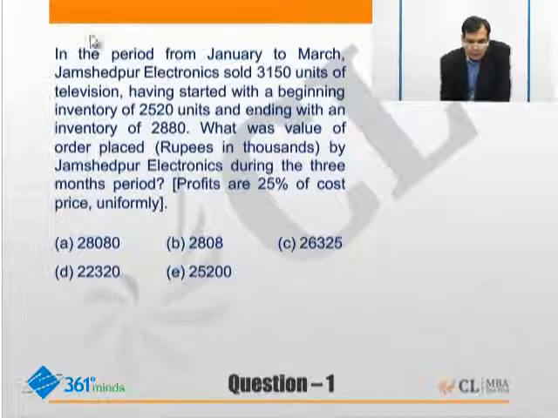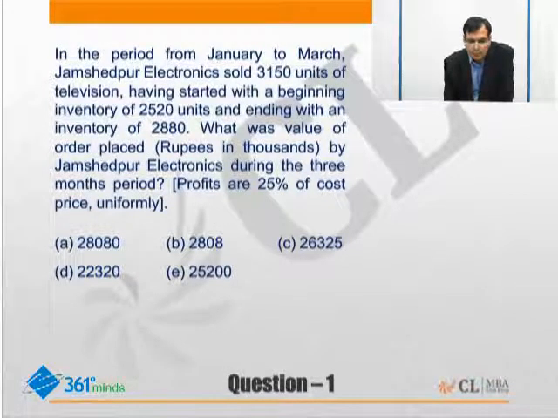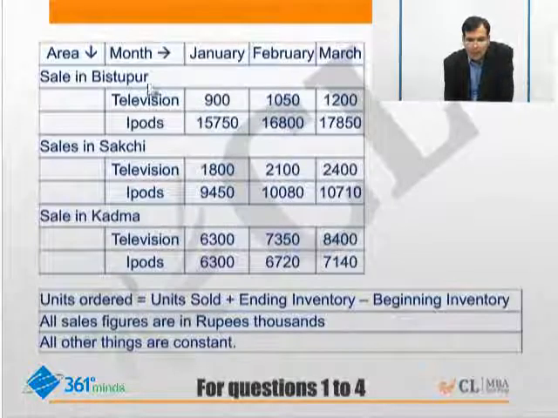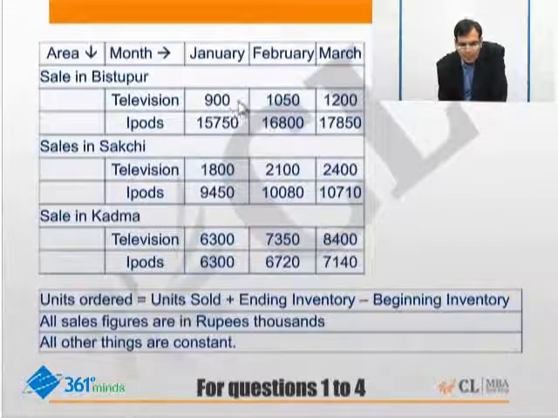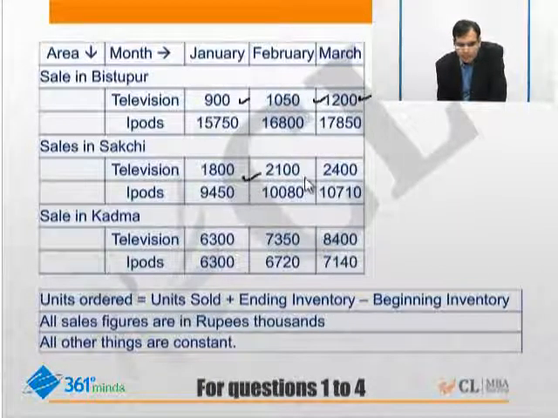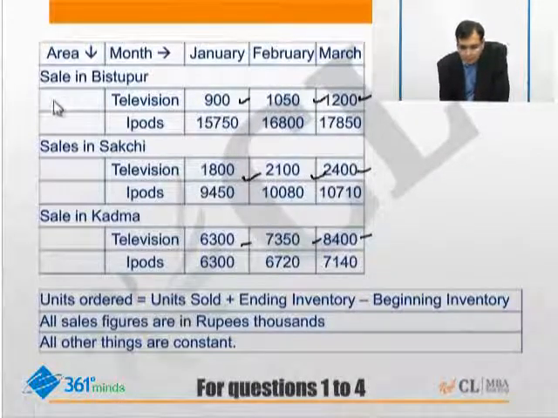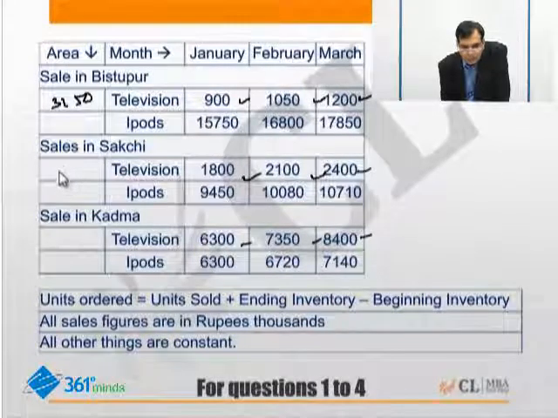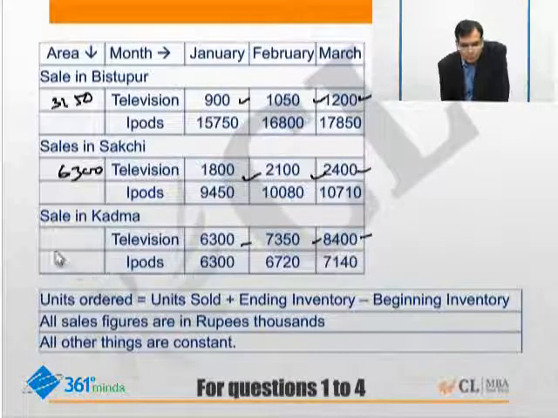The total sales for the period January to March of television. For January to March of television, we'll have to add all of them. Similarly, these. Now, if you remember, this was 3150, this was 6300, and this was 22050.